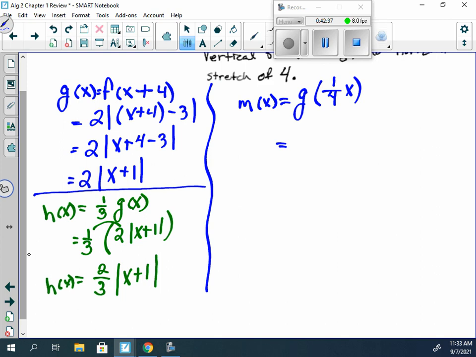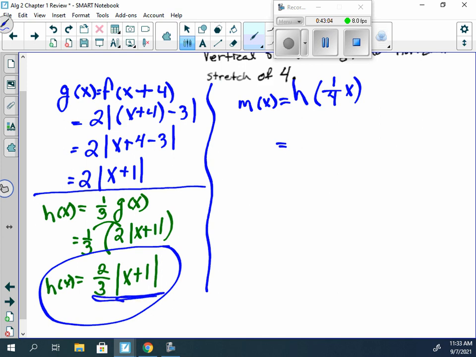I don't know why I said g of x, it should be h of x. I keep wanting to do that because the one we're talking about is this one down here, h of x. The h of x, g of x, that's just a lettering to keep track of which function we're using. That's the only real key to it, okay? So what we're saying is that I'm going to plug 1/4 x into this function here wherever there appears an x.